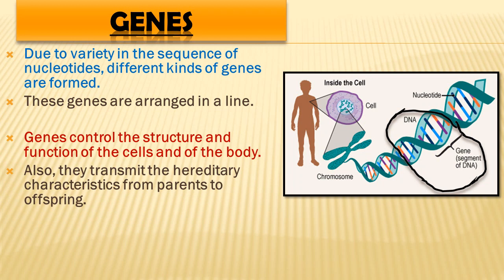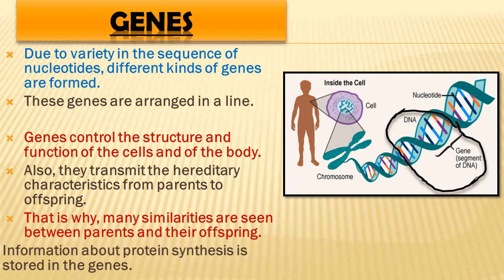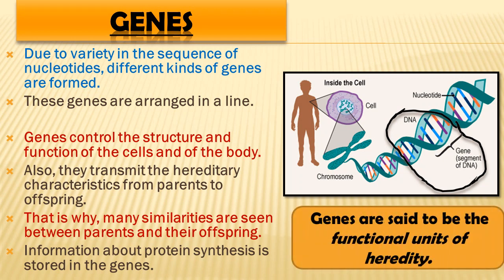That means genes are responsible for transferring hereditary characters, physical and mental, from parents to their young ones. That is why many similarities are seen between parents and their offspring, and information about protein synthesis is stored in the gene. As genes are responsible for the transmission of hereditary characteristics from parents to offspring, they are said to be the functional units of heredity. So this is all about genes.